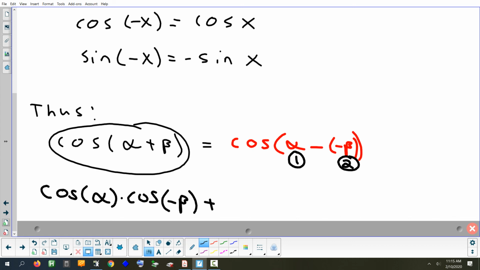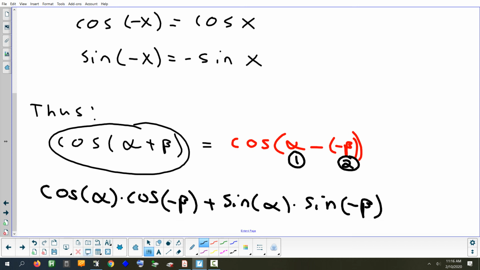Cosine alpha times cosine negative beta. We'll come back to that negative beta in a second. Plus sine of alpha and sine of negative beta. Okay.